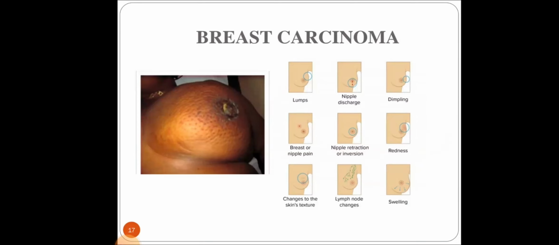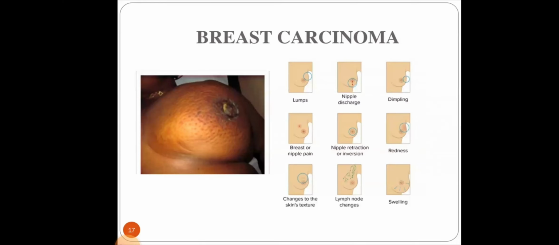Then patey mastectomy, that is breast tissue with the pectoralis minor will be removed, and along with that axillary block dissection is also there. Means in total mastectomy we have preserved the pectoralis major and minor. Here in this patey mastectomy, the breast tissue with the pectoralis minor is removed.